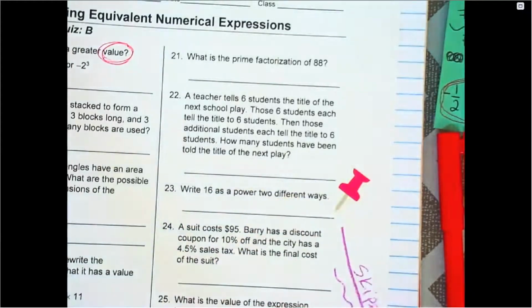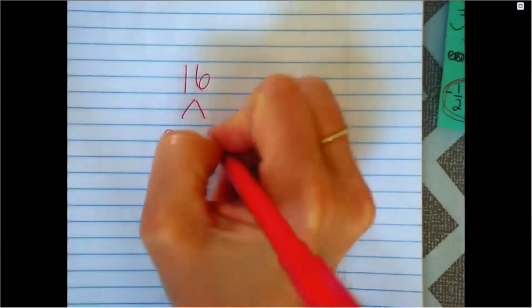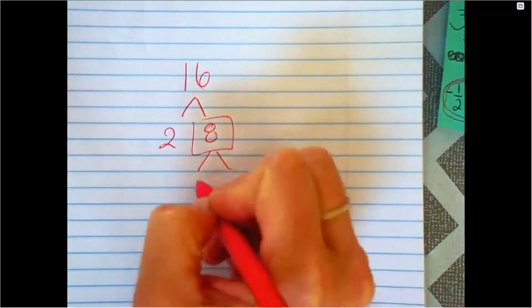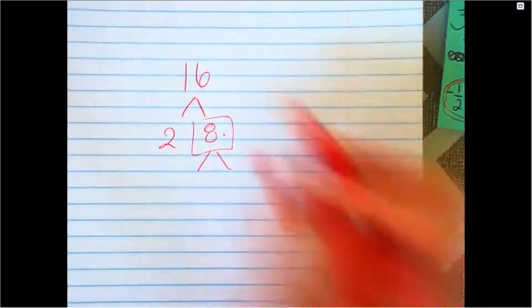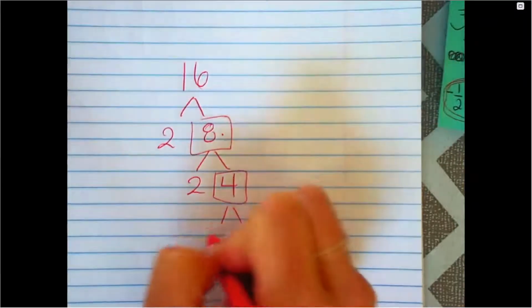So we have to think about what's the prime factorization of 16? So 16, okay, there we go, 16. We have 2 times 8, okay, but this can keep going. This 8 can be, the factors of 8 are 2 and 4, and then the factors of 4 are 2 and 2.